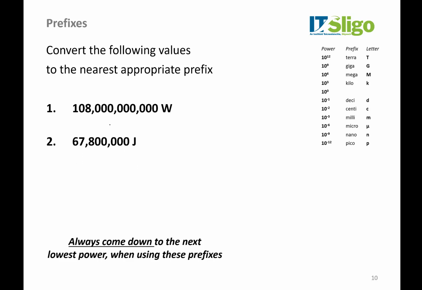The next one, write it in scientific notation, 6.78 by 10 to the power of 1, 2, 3, 4, 5, 6, 7. Now 10 to the power of 7 doesn't have a prefix, but the next available one is 10 to the power of 6. We always drop down. As a result, guys, because you always reduce the power, you always make the number a bit bigger.